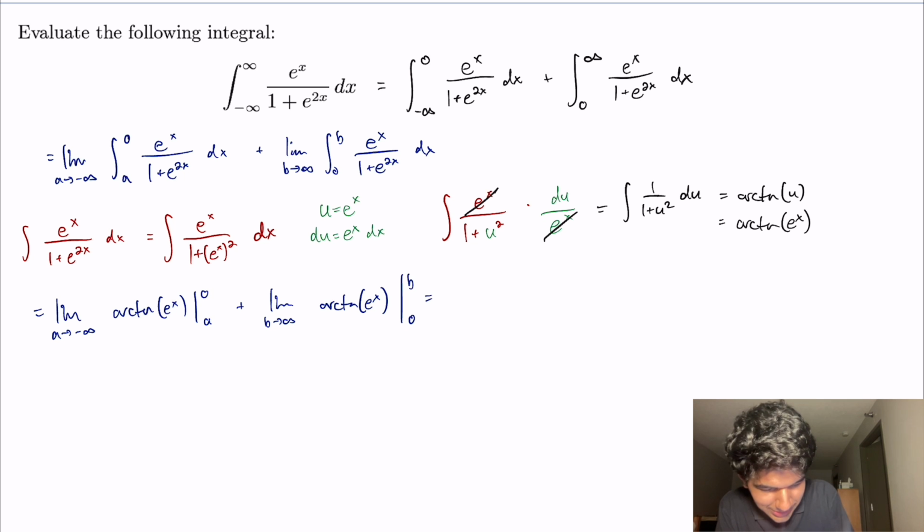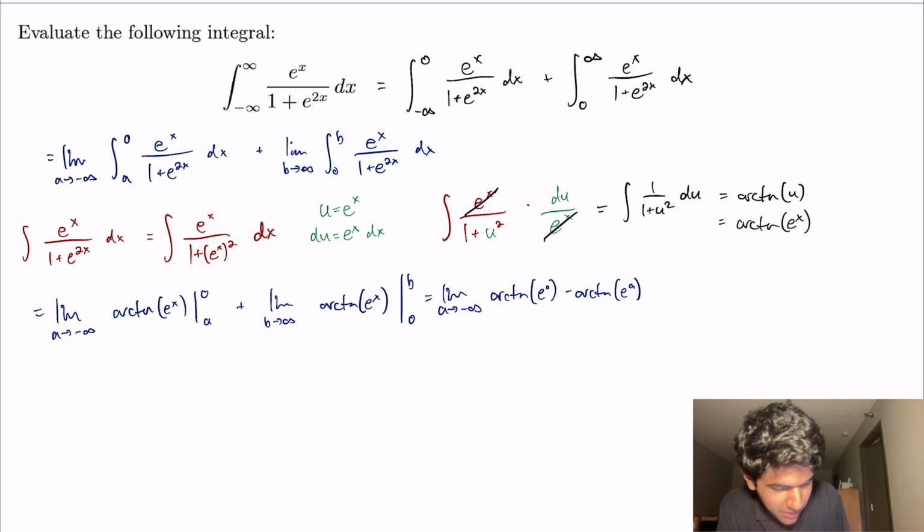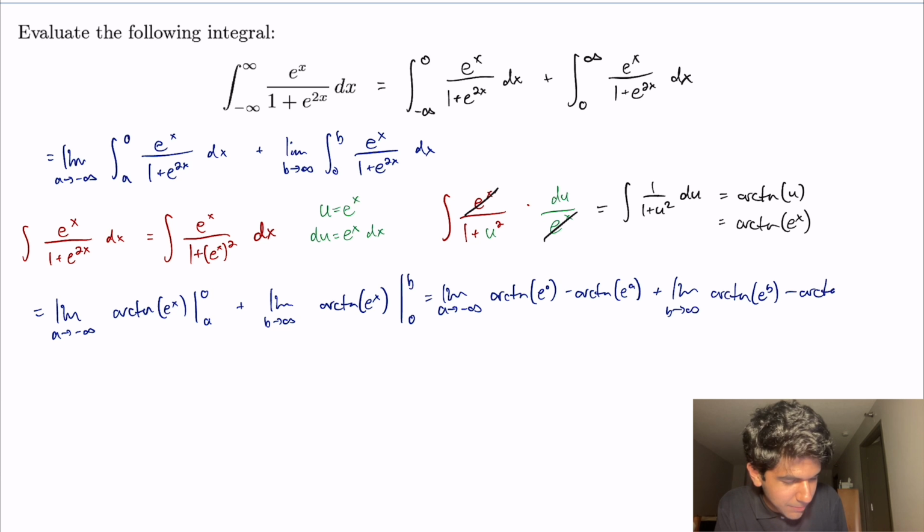This should be equal to the limit as a approaches negative infinity of arctangent of e to the 0 minus arctangent of e to the a, plus the limit as b approaches infinity of arctangent of e to the b minus arctangent of e to the 0.